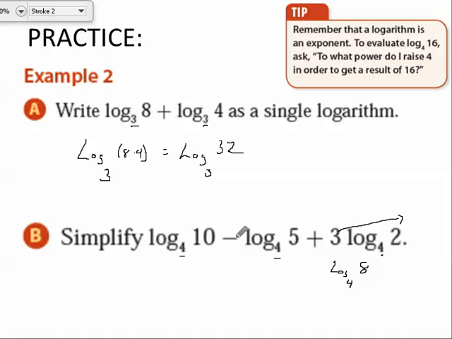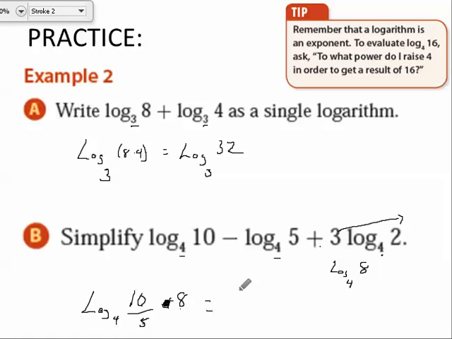Now I've got a minus and a plus sign here, so I'm going to rewrite the whole thing as log base 4 of 10 divided by 5, and then plus 2 times 8. Well, that's 2 times 8, that's 16.